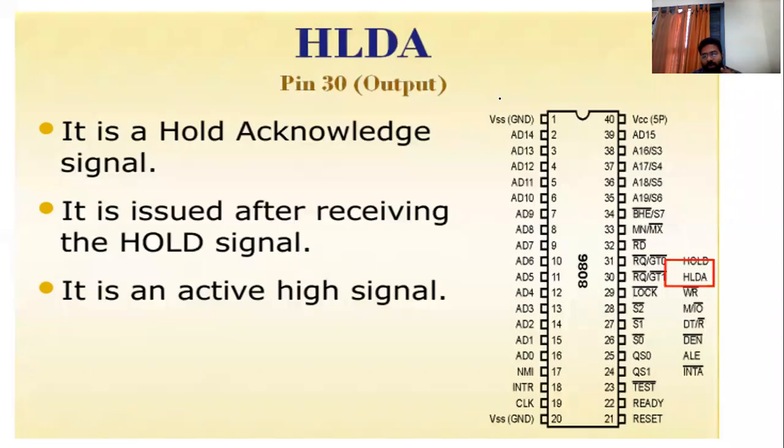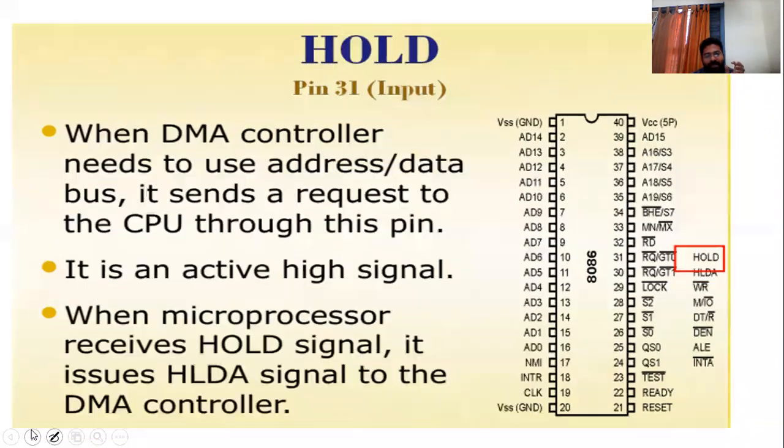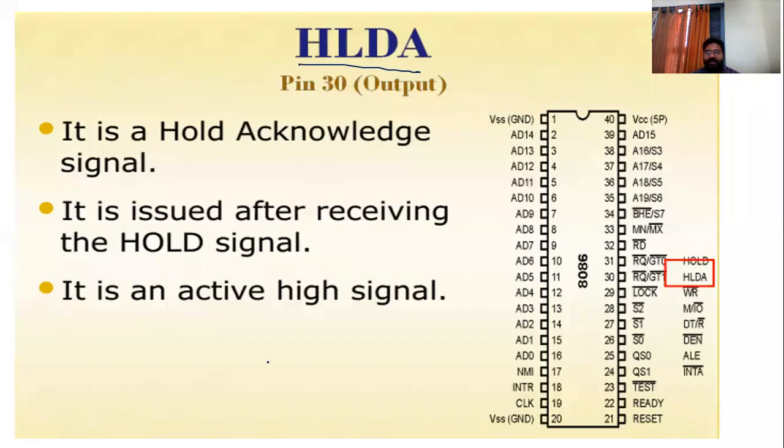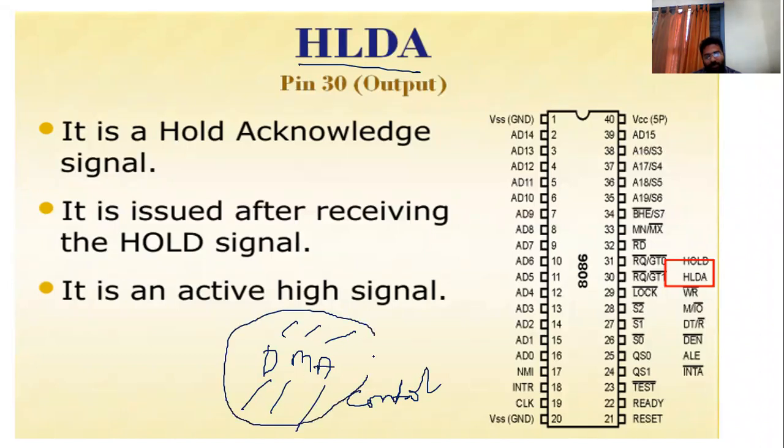Then the hold and acknowledgement signals. HOLD means hold, and HLDA means hold acknowledgement. These signals are used in DMA, direct memory access control. Whenever the microprocessor wants to access the DMA, it sends a signal called the hold signal, so this DMA is ready to get the information from the CPU.